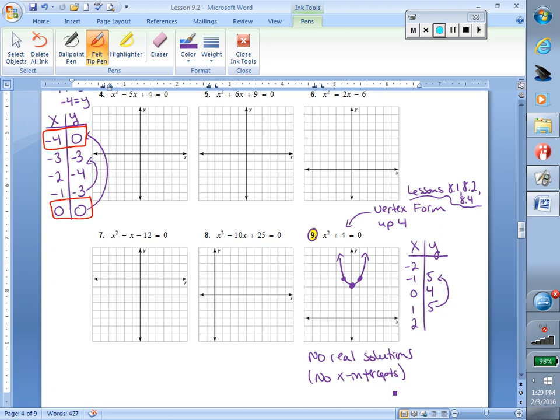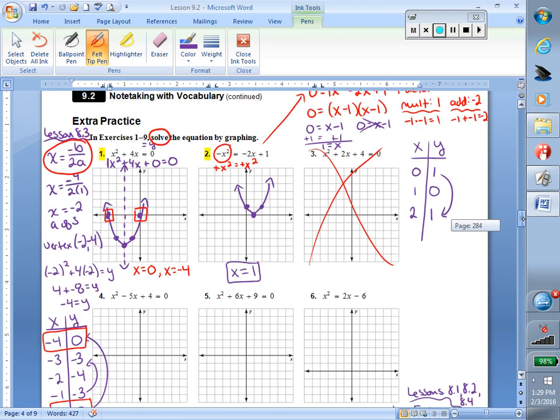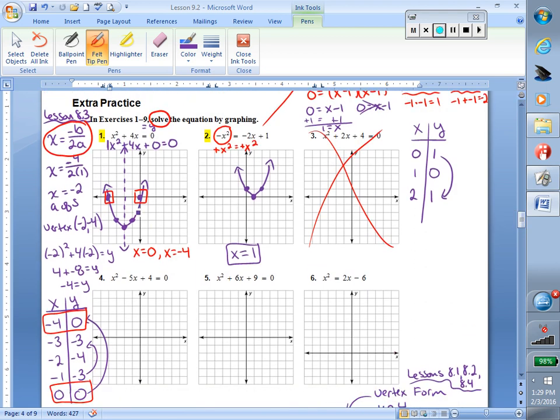You're looking for x-intercepts. So on this page, what you see are the 3 different possibilities that you will see when you graph, when you're trying to find solutions. In question 1, we saw the possibility where we had 2 x-intercepts, so we had 2 solutions. In number 2, we just had 1 x-intercept, which is also my vertex, which is my only solution.